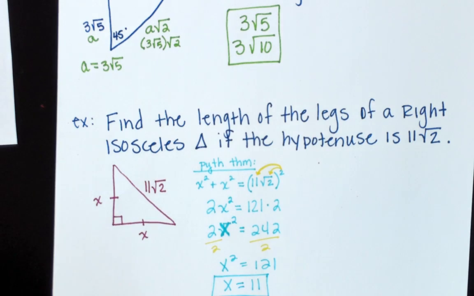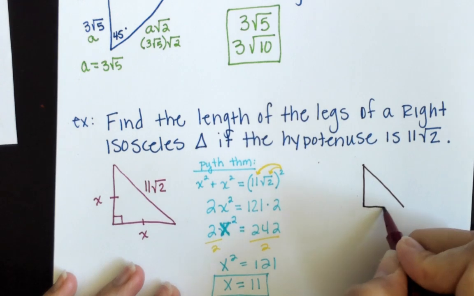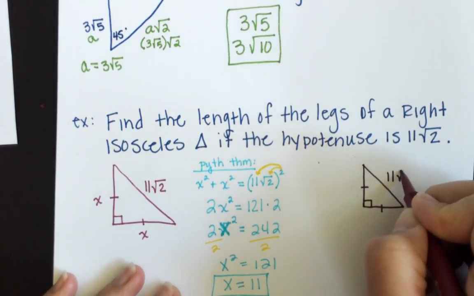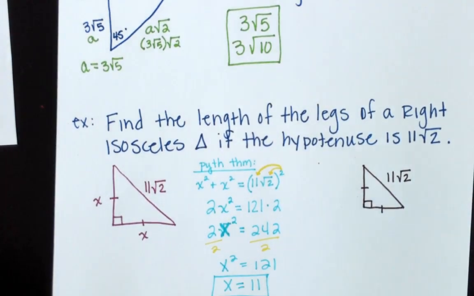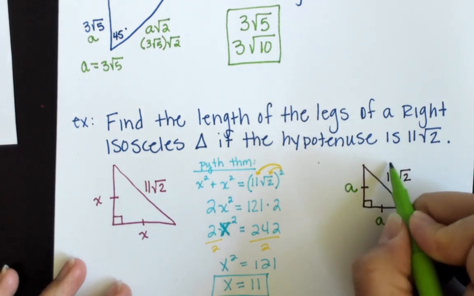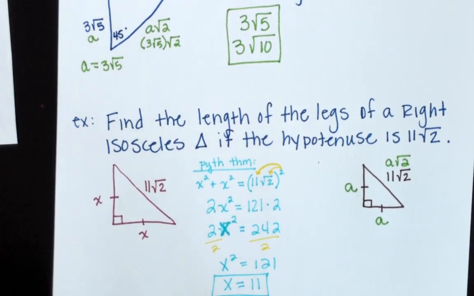The reason why our special right pattern is such a good thing to remember is if I was to do this and I had my special right pattern, A radical 2 is already in the pattern.